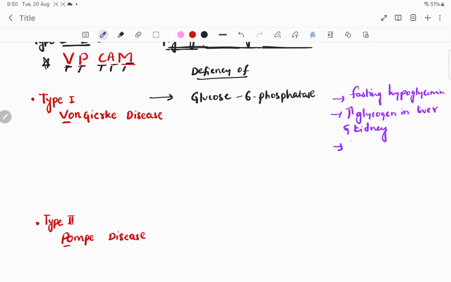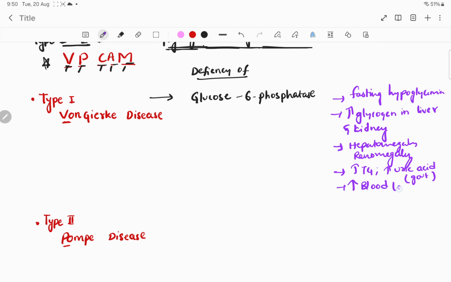and so hepatomegaly and renomegaly can be seen. Due to the stored glycogen, there is an increase in triglycerides and an increase in uric acid, which leads to gout. And lastly, there will be an increase in blood lactate levels. Why am I stressing this?